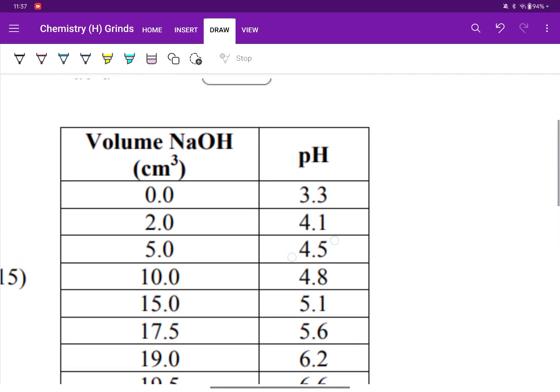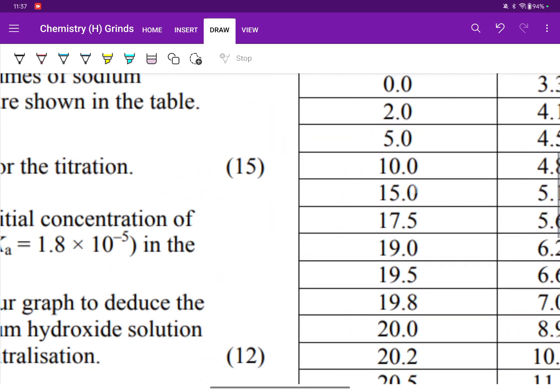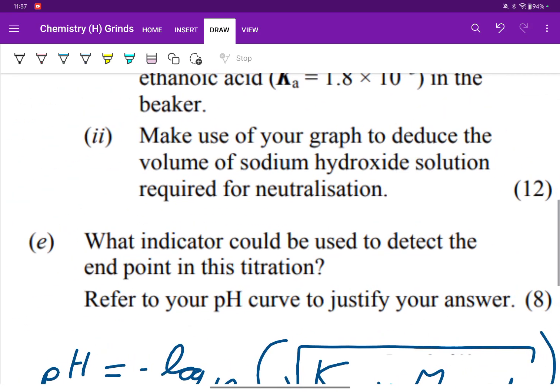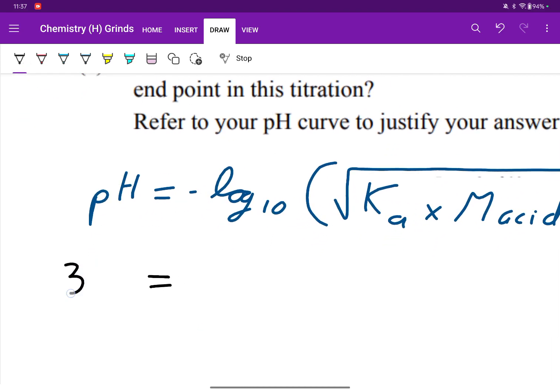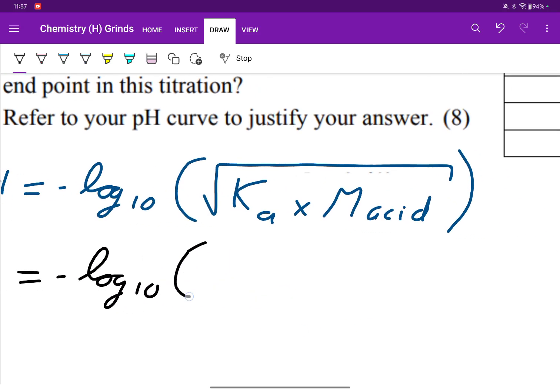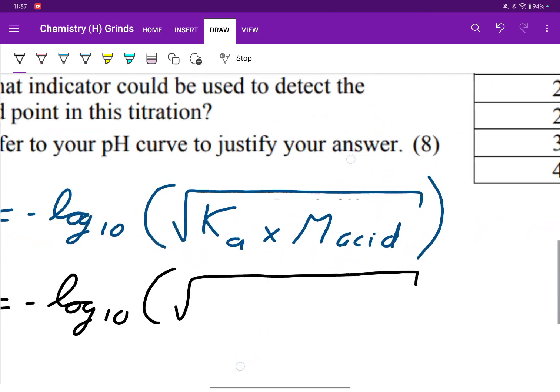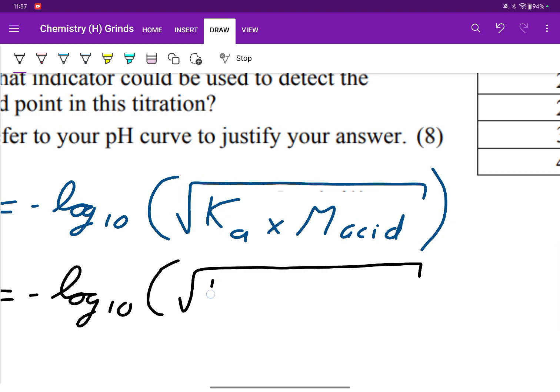So the initial pH of ethanoic acid is 3.3. So 3.3 is equal to minus log to the base 10 of the square root of the Ka, which we have, is 1.8 by 10 to the minus 5, times the molarity, which is what we're looking for.